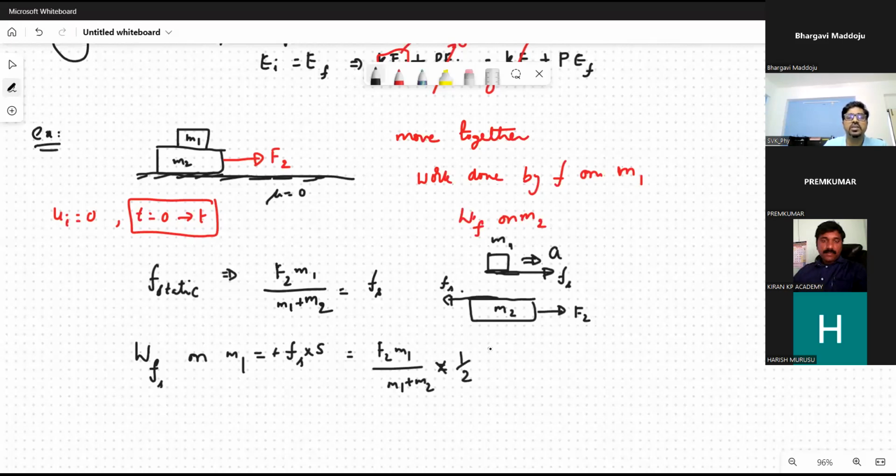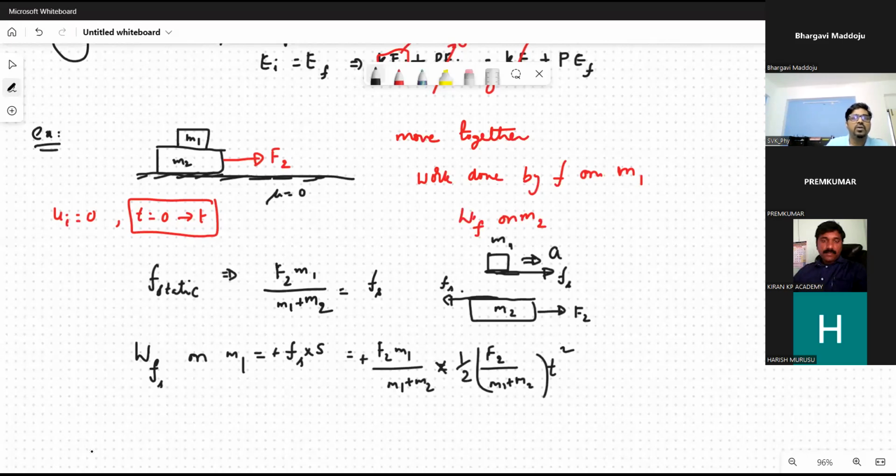A is how much? F2 by (M1 plus M2) would be the acceleration, because they are going together. Total force by total mass will be the acceleration. So you can simply write F2 by (M1 plus M2), that is acceleration, times T square. So this is the work done. Positive you will get.